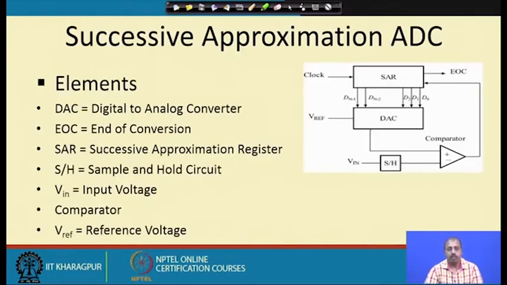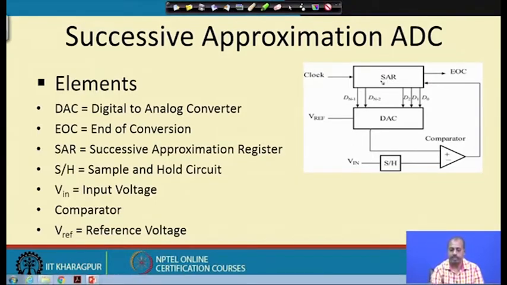The first one is the successive approximation AD converter. Here we have a successive approximation register, the SAR. SAR stands for successive approximation register.